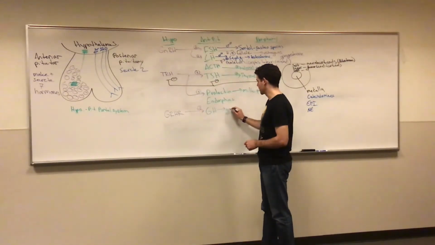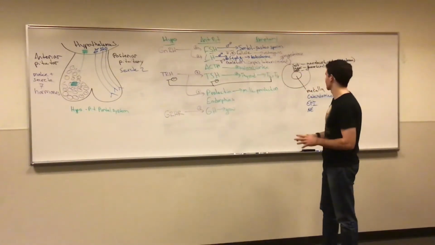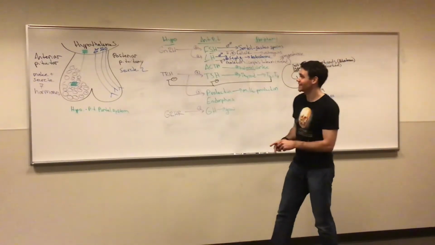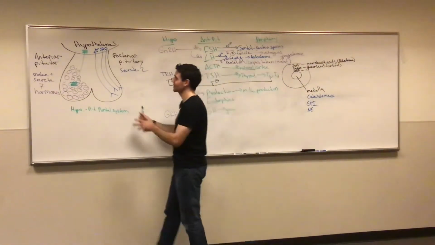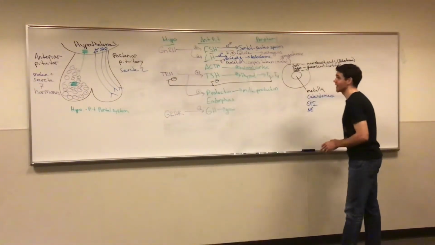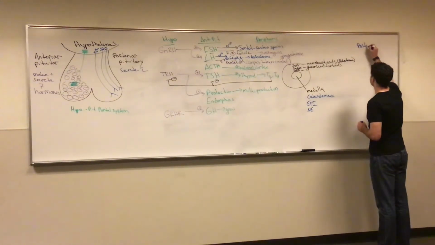It's not very interesting. Well, it is, but we're not going to cover it right now. Okay, great. So that is the hypothalamic pituitary axis for the anterior pituitary. Now we just have a couple more loose ends to clean up. With the posterior pituitary, we'll just do that over here.